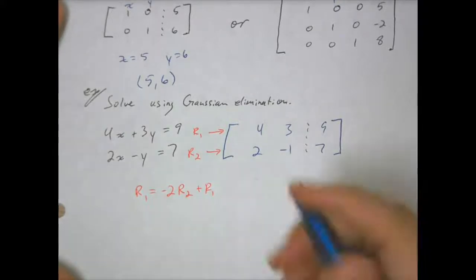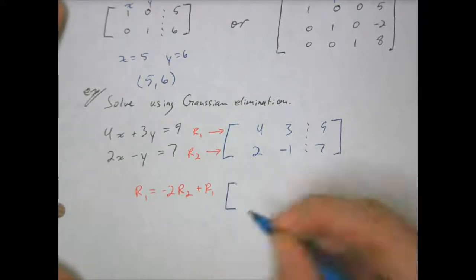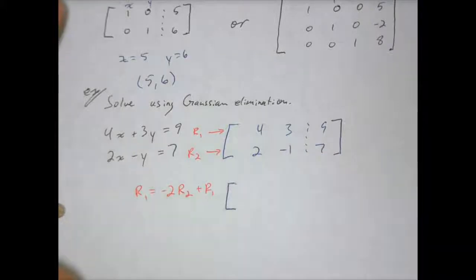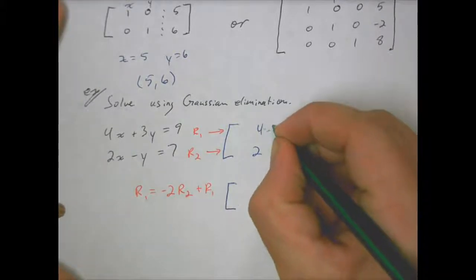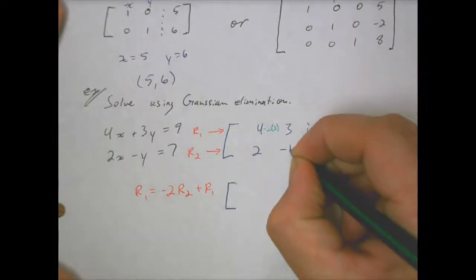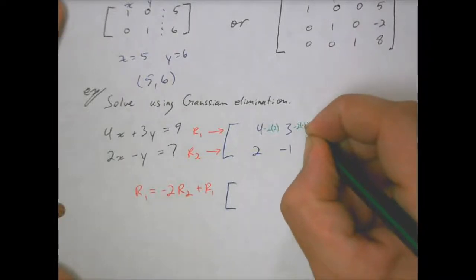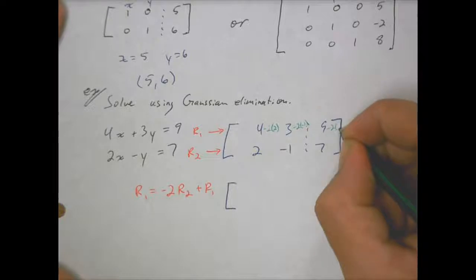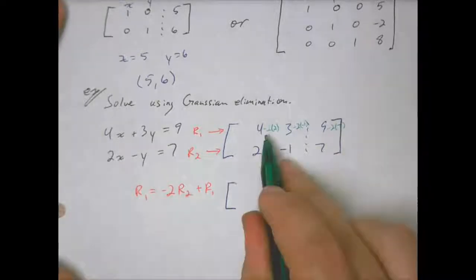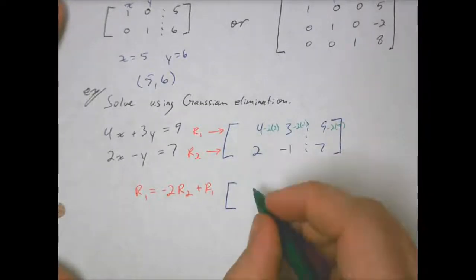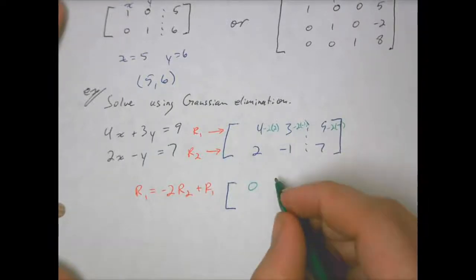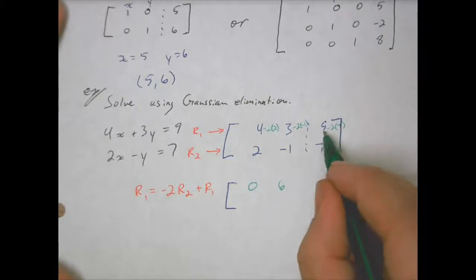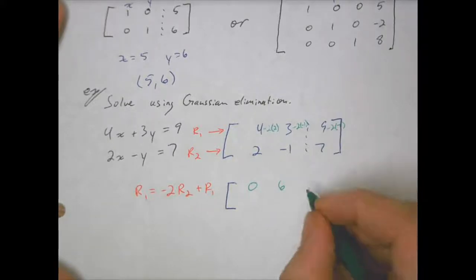So when I do that, it's -2 times row 2, so -2 times 2, -2 times -1, and -2 times 7. So 4 minus 4 is now 0. 3 plus 3 is now 6. 9 minus 14 is now -5.